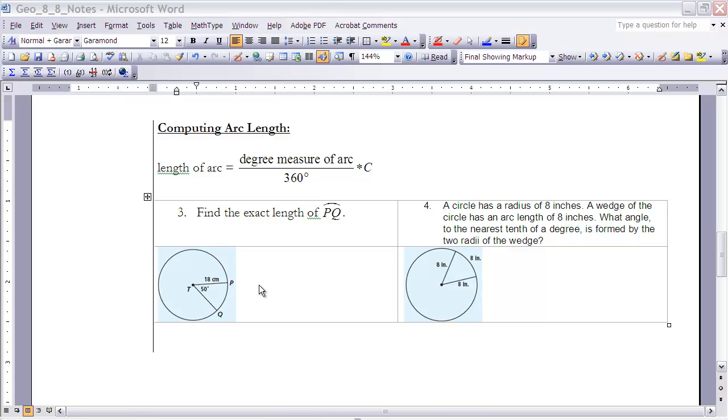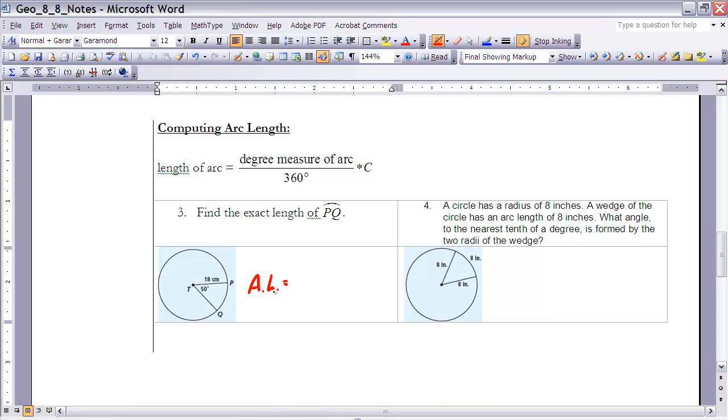So let's take a look here at example 3. It says find the exact length of arc PQ. Well, to do that, I'm going to use the formula that I had above. So the arc length is equal to the measure of the angle, which is 50 over 360 times the circumference.